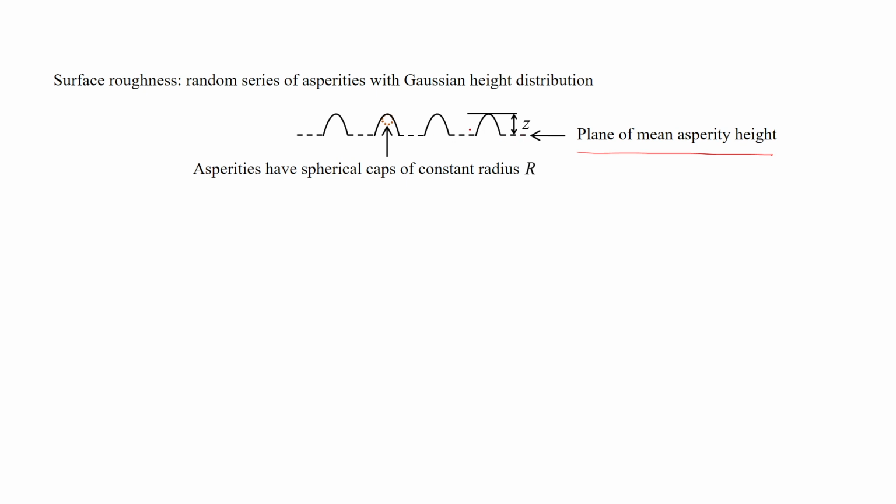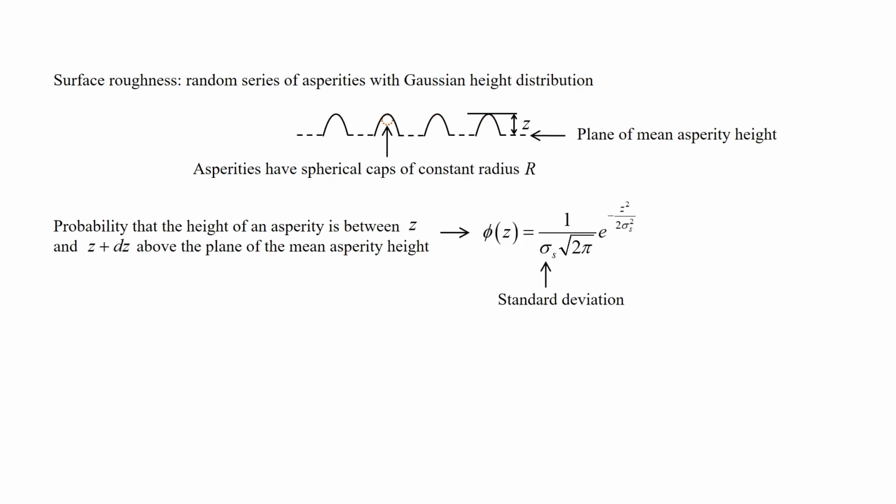They considered that the asperities have a spherical cap of constant radius. That means all these asperities have the same radius of curvature. So asperities may be different in height, but the radius of curvature is the same. Now this particular surface can be brought in contact from the top.